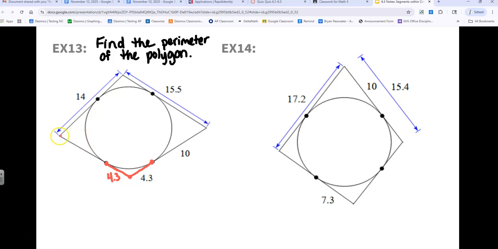But do I know what this piece is? I don't, because I don't know this piece. I know the whole thing's 14, but I don't know this piece. What I'm going to have to do here is kind of work backwards, back around. So if I know this is 10, then this is also 10, right? Well, if that whole side is 15.5, what's the length of this piece right here?